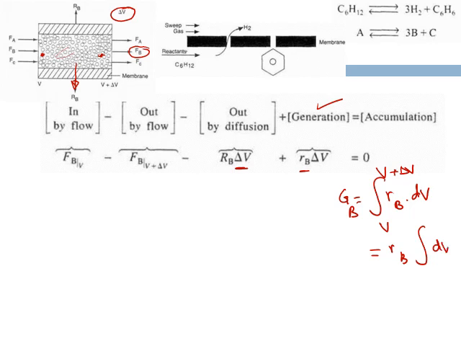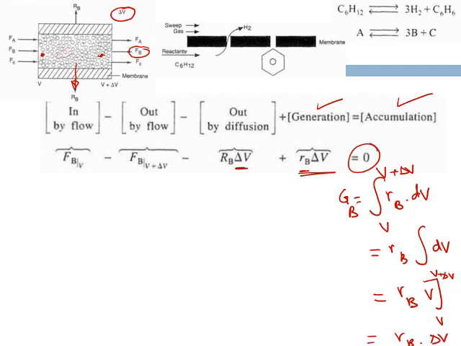The integration of dV is simply V, evaluated from V to V plus delta V, and therefore you will end up with RB times delta V. Okay, equals accumulation, and accumulation obviously is 0 because this is a continuous flow reactor, which is usually operated under steady state.